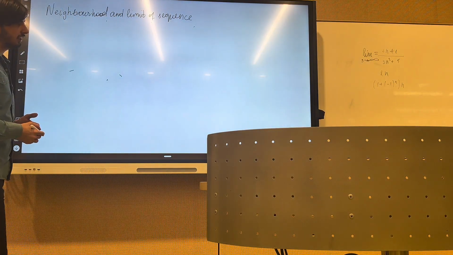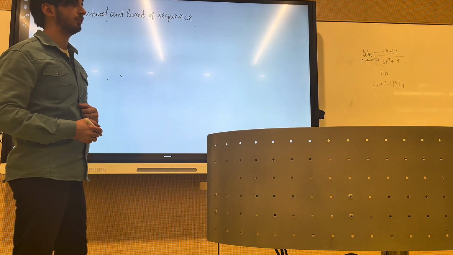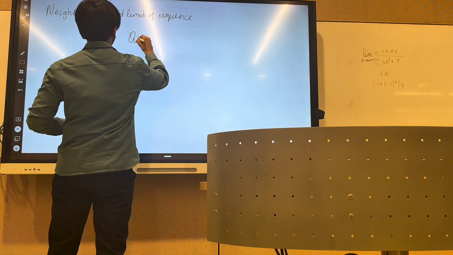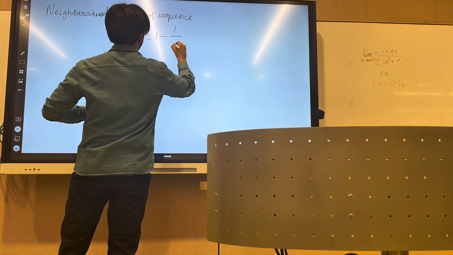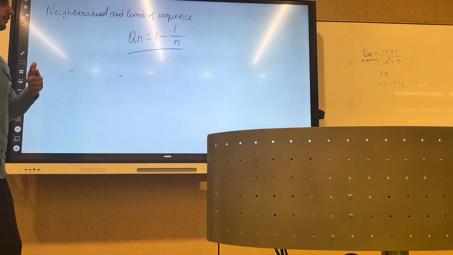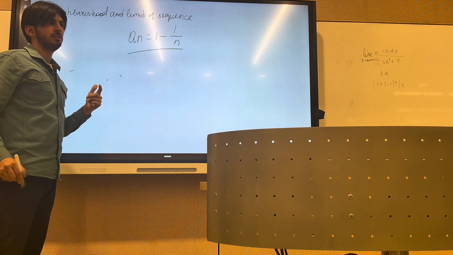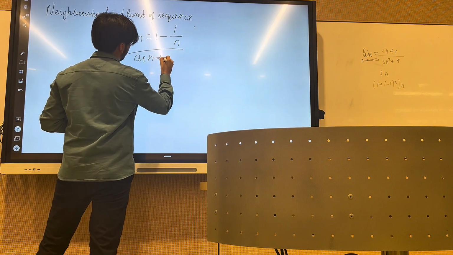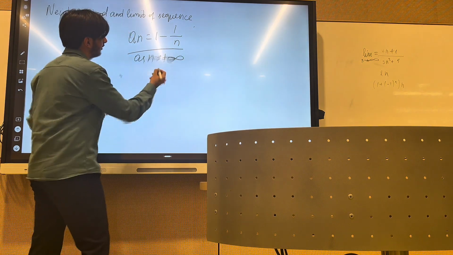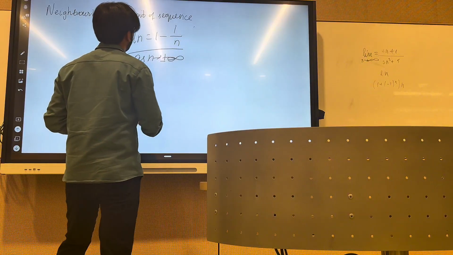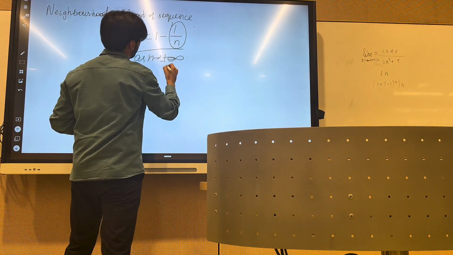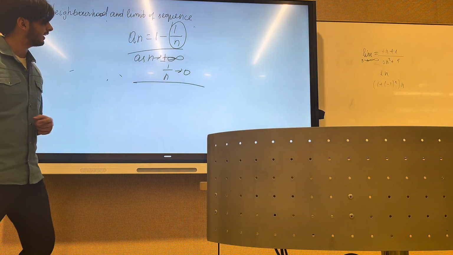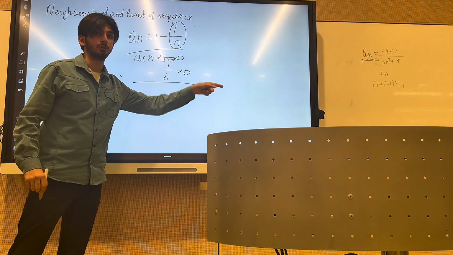So, let's take one expression in order to understand it better. For example, a_n equals 1 minus 1 over n, right? From this expression, we can see that as n goes to infinity, positive infinity, or minus infinity, doesn't matter, our fraction 1 over n gets to 0. It gets closer and closer to 0.